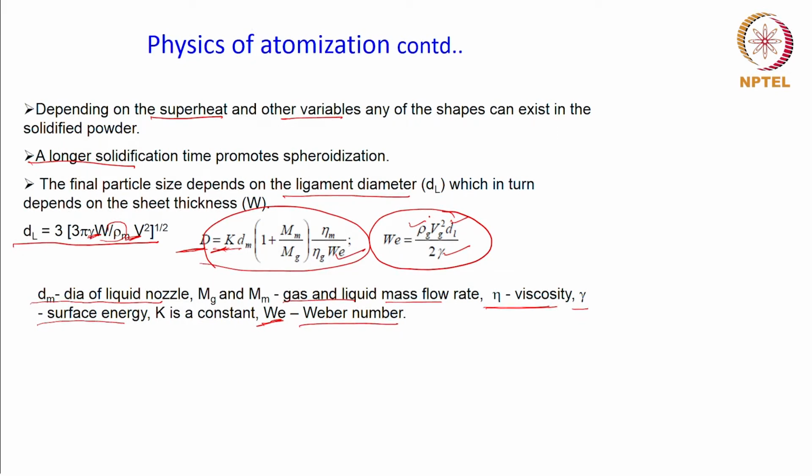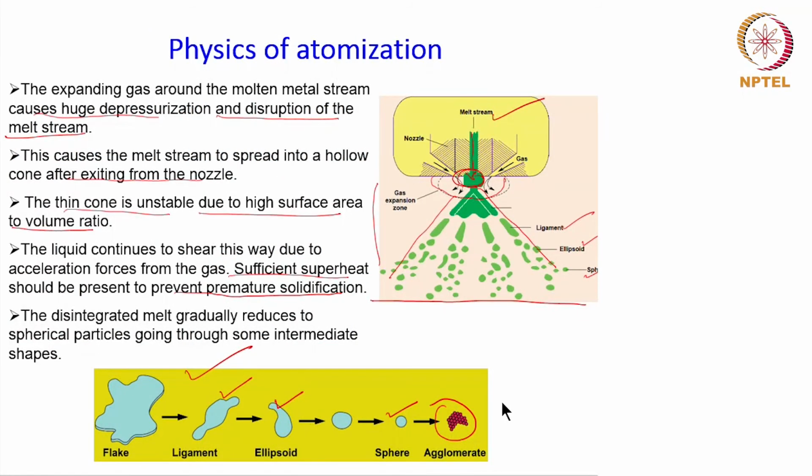So, from here you can see what the process variables or process parameters are that one has to control in order to get a particular particle size finally in the solidified powder at the end of the process.